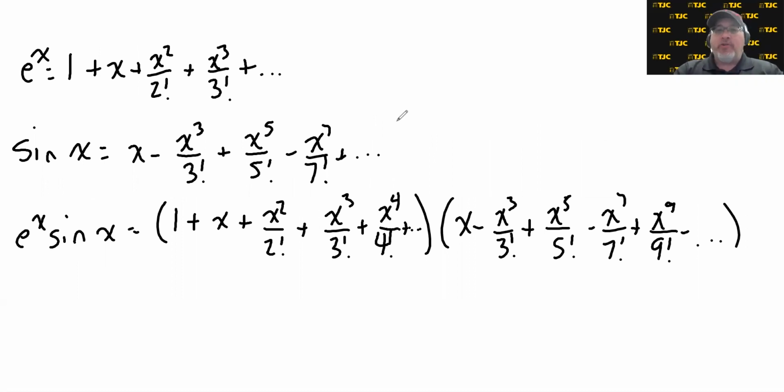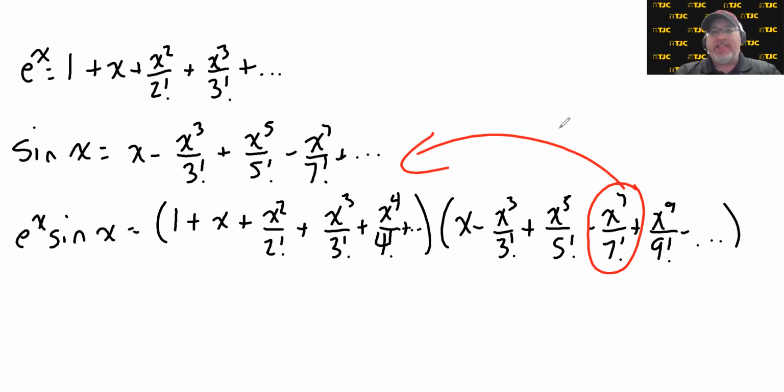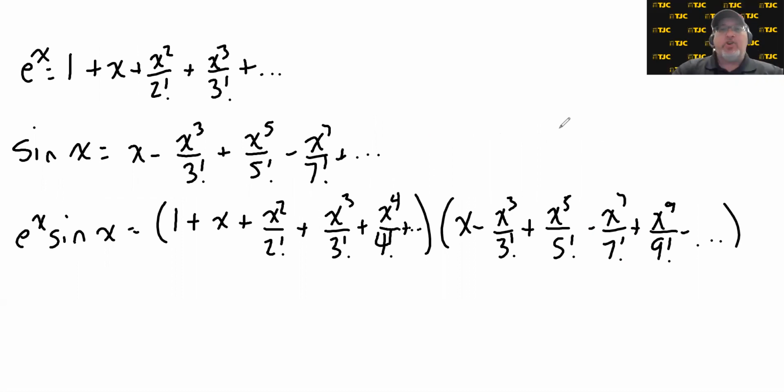So anything that's already greater than x to the 5th, I won't need. Because, for example, I don't need this guy if I'm only going up to x to the 5th. Why? When I multiply it times something over there, at the very least, it's going to stay x to the 7th, probably pick up a greater power. So if I only want the first 5 terms, which go up to the 4th power, then I only have to worry about multiplying everything that's a 4th degree or below.